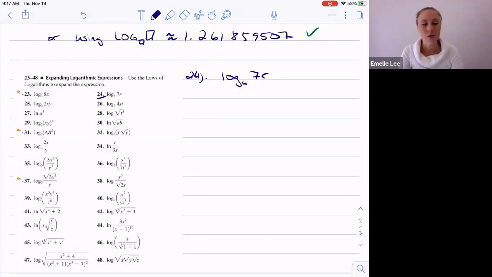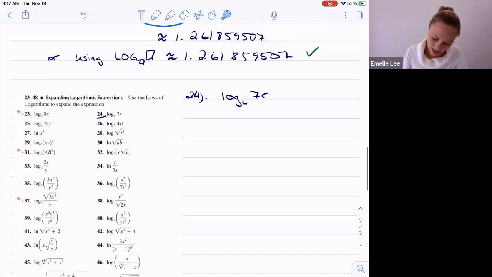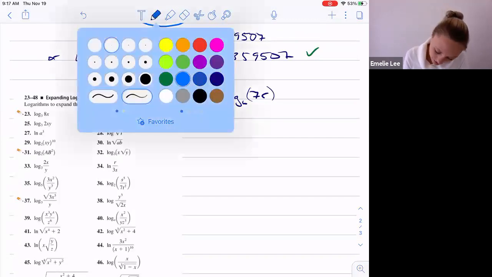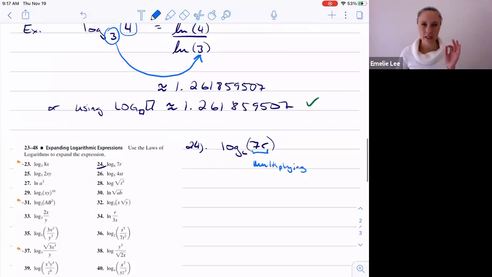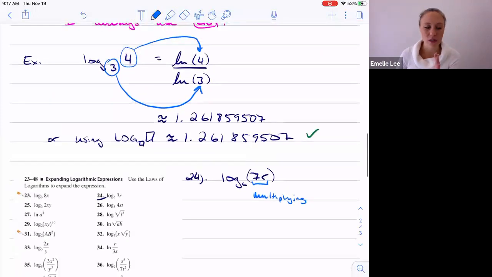Okay. So what I have here is I'm multiplying inside, right? Log base 6 of 7r. And so now, since I'm multiplying here, that is going to translate to addition, right?